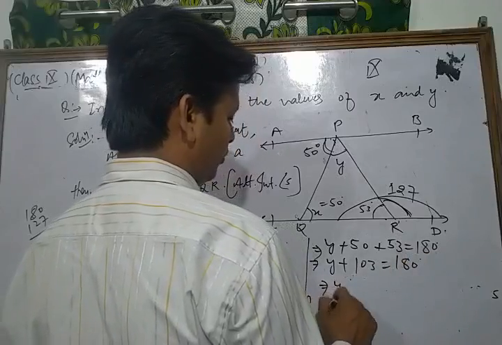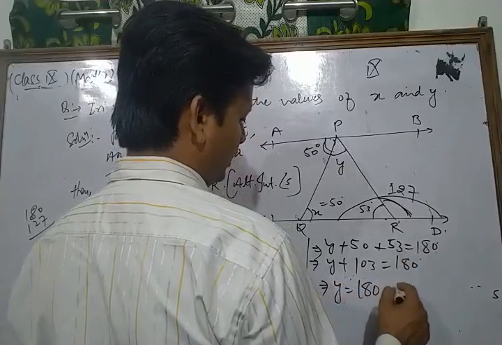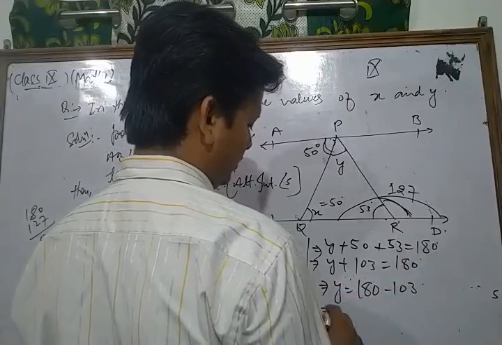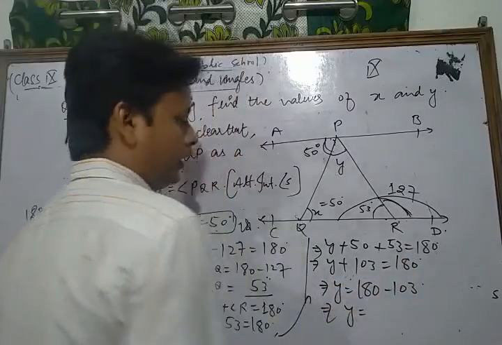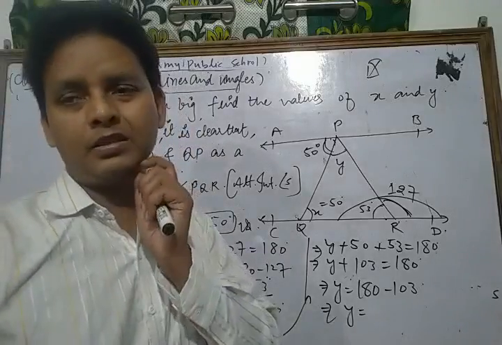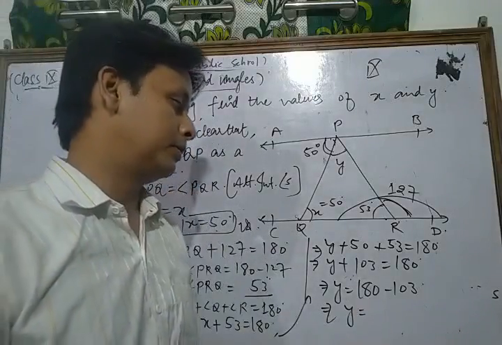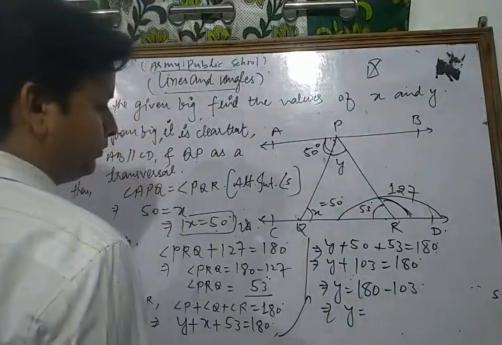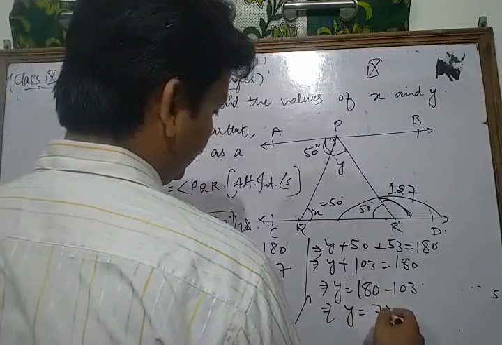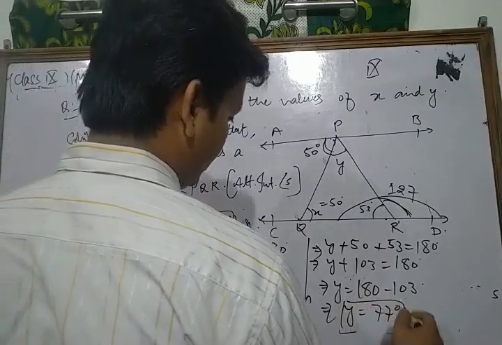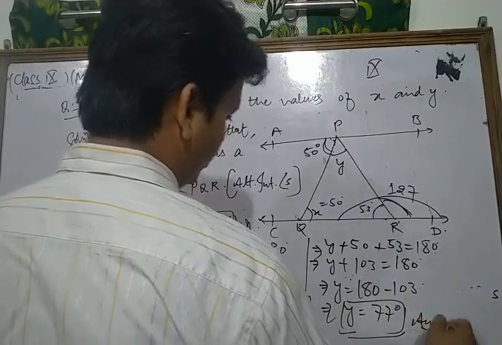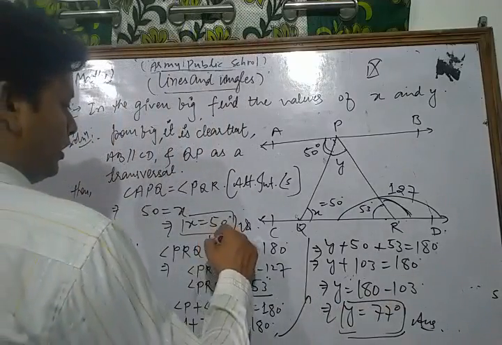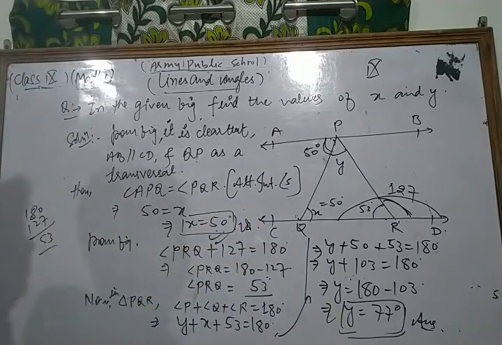From there the value of y is 180 minus 103, subtracting from 180, so we get 77. Thus in this way, this is the value of y and this is the value of x.